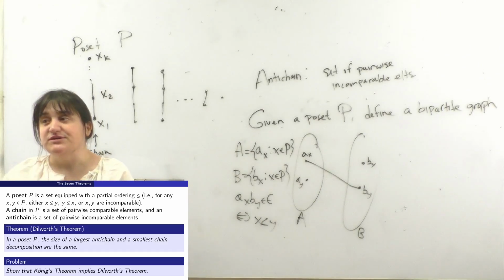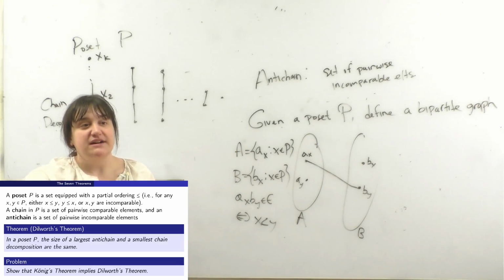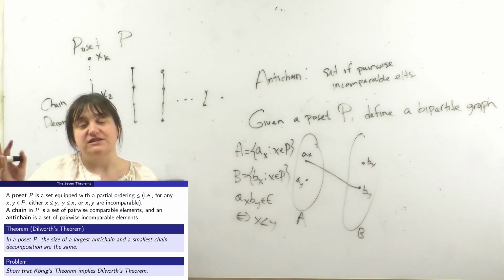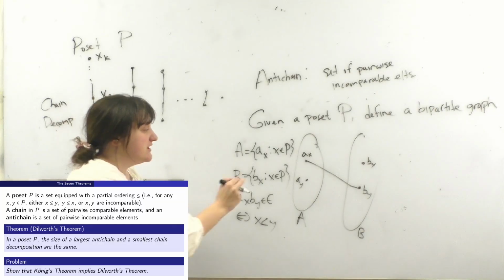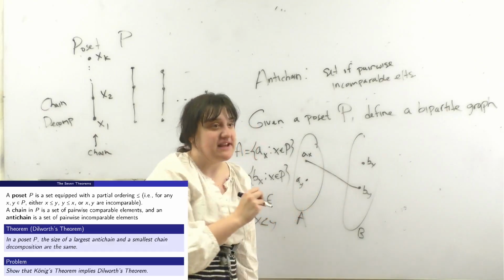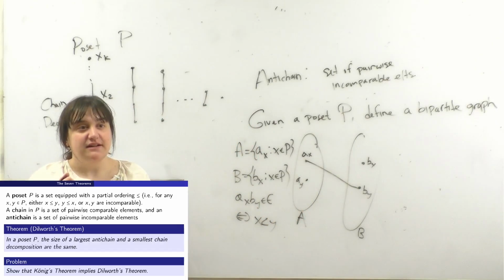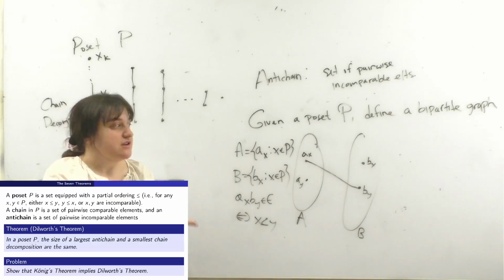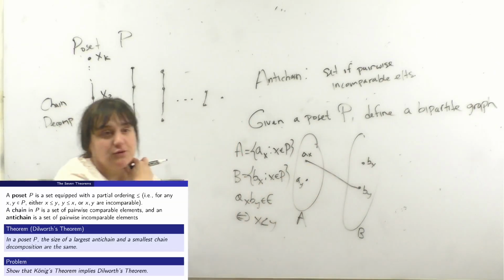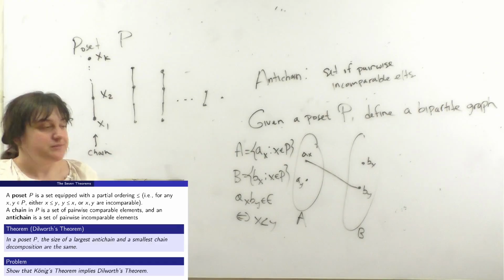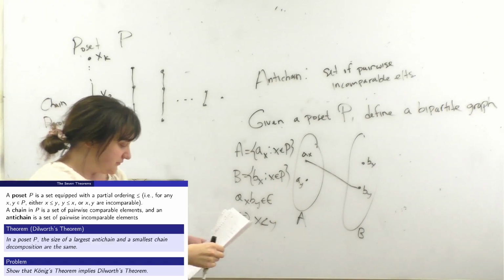Inequality does, in a poset, like I said, work the way you think it should. So if x is strictly smaller than y, then y is strictly bigger than x, so I wouldn't have this a_y to b_x edge. And I also don't have edges when I have equality. I need strict inequality to make an edge. So for these four, there's exactly one edge in that picture. Okay.